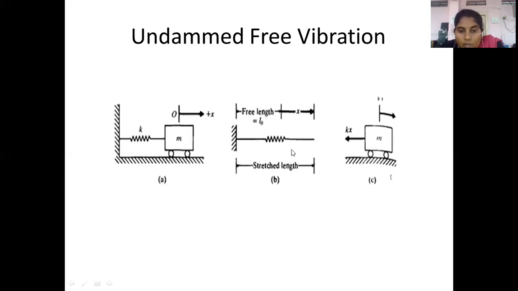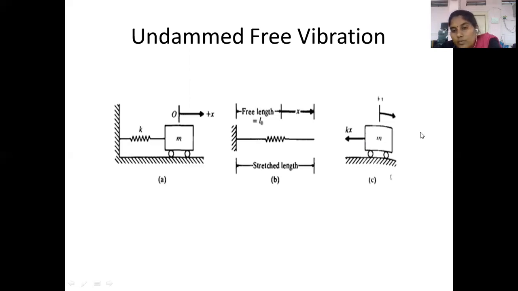In the free body diagram, k into x is the restoring force produced in the spring, where m is the mass of the system, and m into x double dot is the mass into acceleration. So only these two terms, mx double dot plus kx, remain.